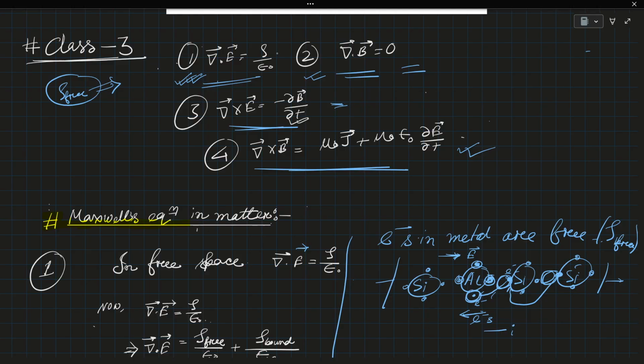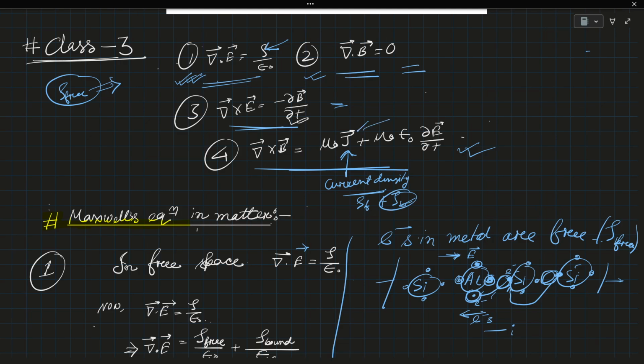And in the first equation, there is a charge density term. Again, J is the current density, and this current density can arise because of free charge density rho free plus bound charge density, okay.